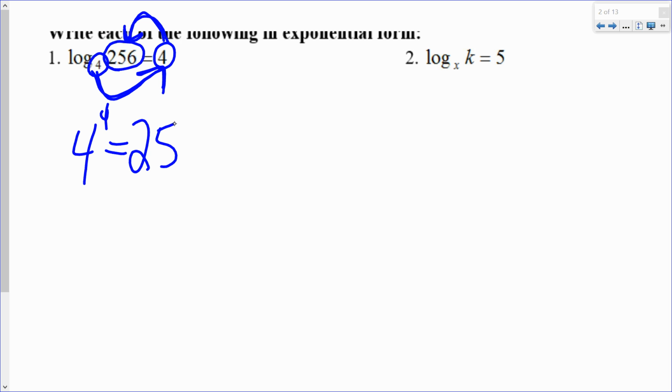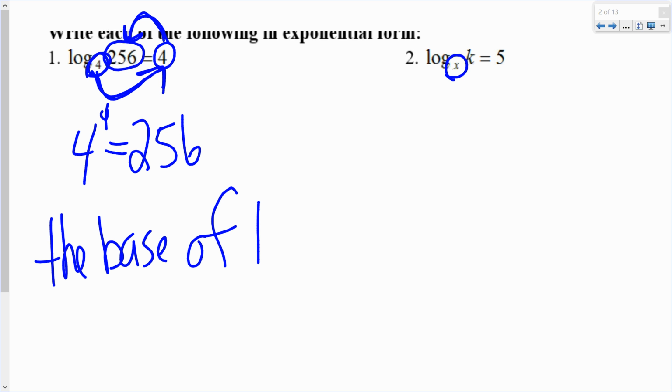If you draw these arrows in and you start with the base, this is really pretty simple. I start with the base. The base of the log is the base of the exponent. I'm going to write that because that's very important in order to help keep you organized.